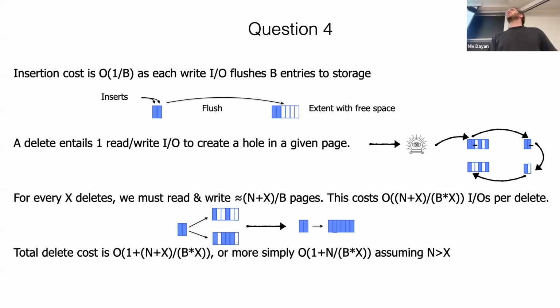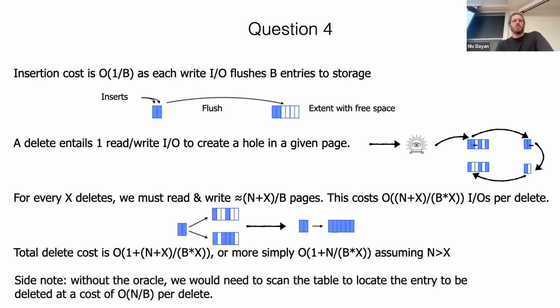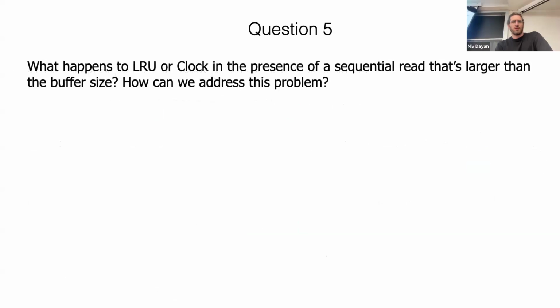Okay, we have 10 minutes left, so let's get to the last question, which I think will be a little more fun. We learned about LRU and clock, and that these are especially good if we have some entries that are hot.